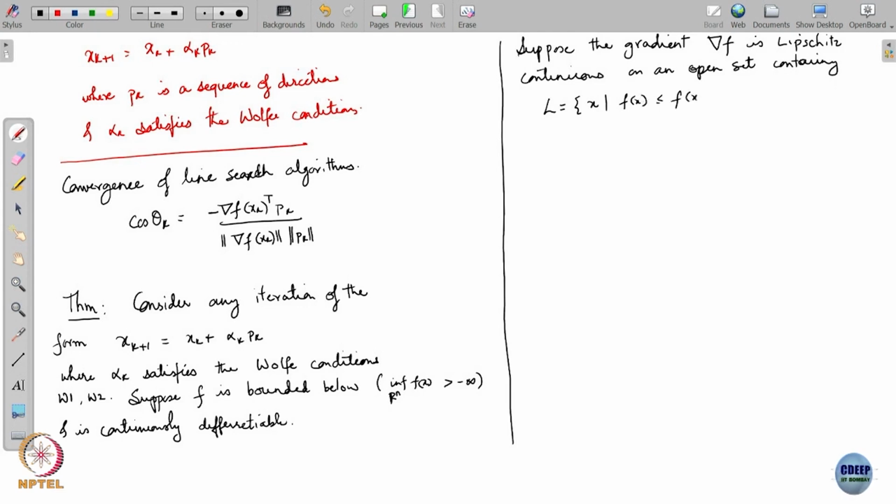It is called the level set. It is the set of x's for which f(x) takes a value less than or equal to f(x_0), where x_0 is your starting or initial iteration.